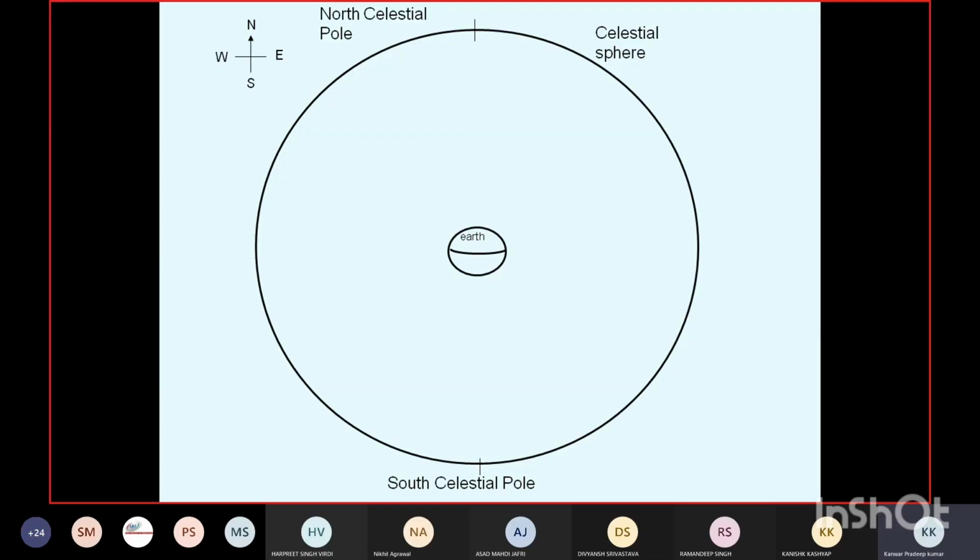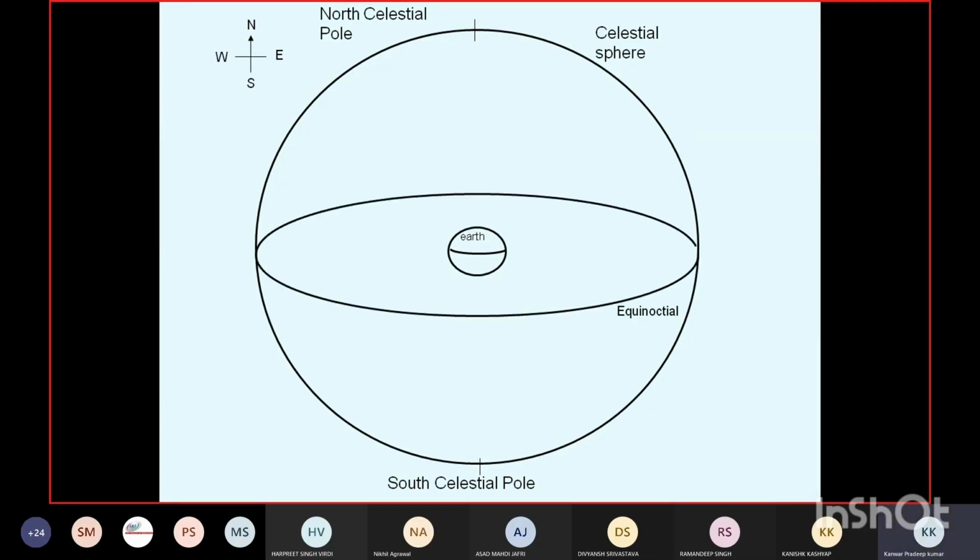Let us see. The Earth is in the center. The celestial sphere is an imaginary sphere of infinite radius. I project whatever imaginary lines I have on the Earth onto the celestial sphere. So my equator, if I project onto the celestial sphere, I get the celestial equator, which we call the equinoctial.